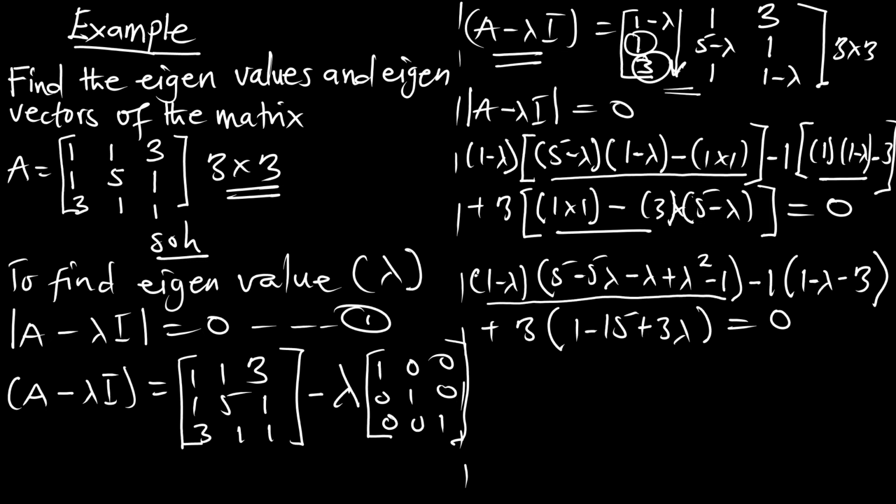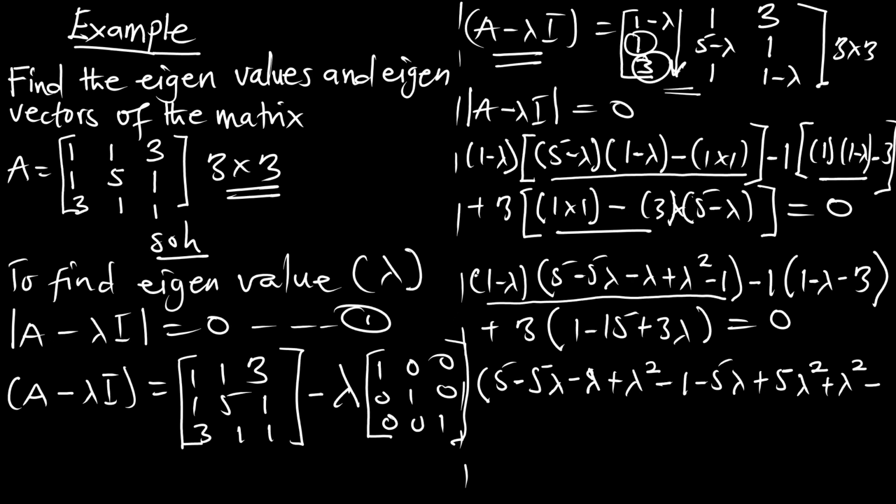And this is going to give me 5 minus 5 lambda minus lambda plus lambda square minus 1 minus 5 lambda plus 5 lambda square plus lambda square minus lambda cube plus lambda for that.